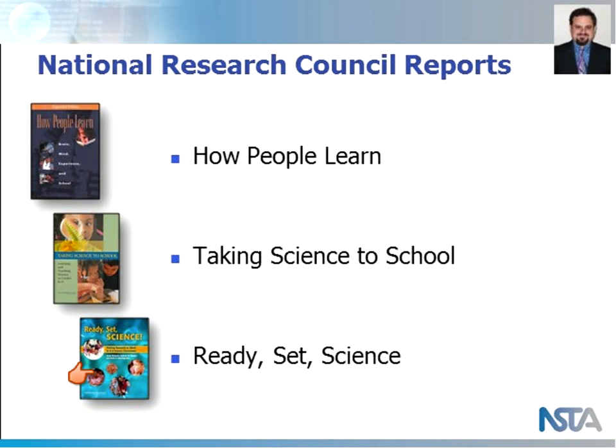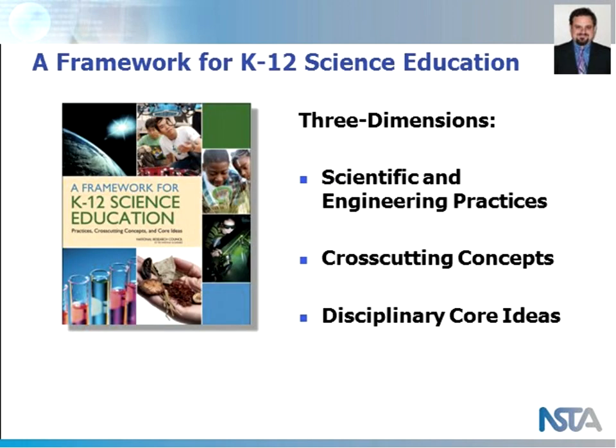And through these, they tried to formulate what is it that everyone needs to know and be able to do in science education. And the biggest key piece in all of this is looking at science education as having three different dimensions that all wind together: scientific and engineering practices, cross-cutting concepts, and disciplinary core ideas.